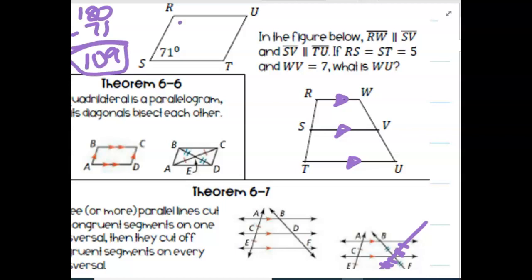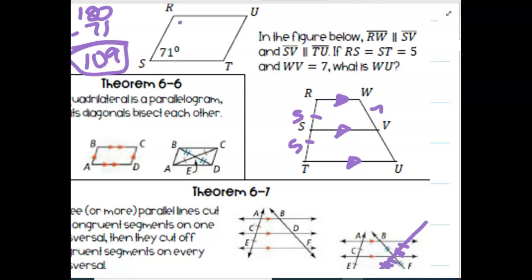It says that RS equals ST, which means they're congruent. And it says they equal 5. So both of those are going to equal 5. And it says WV equals 7. I want to find WU. So this entire side here. Now notice I have 3 parallel lines cut by a transversal.